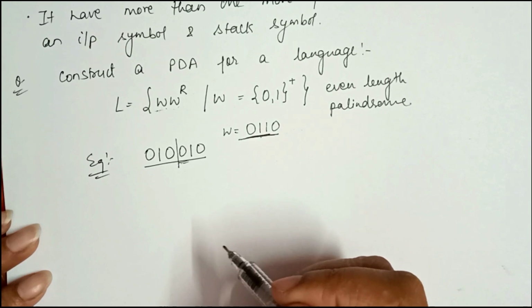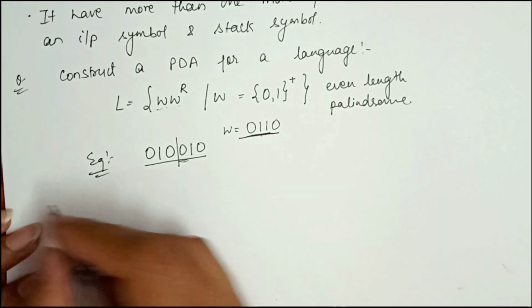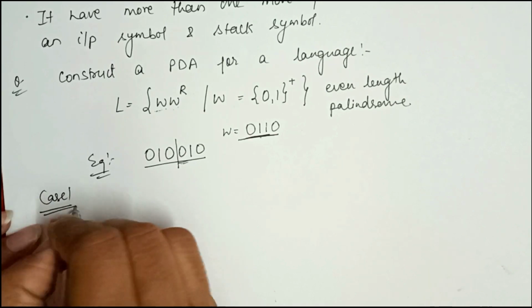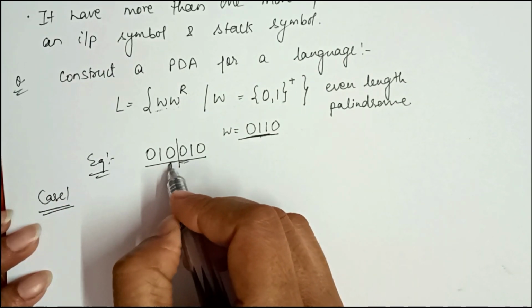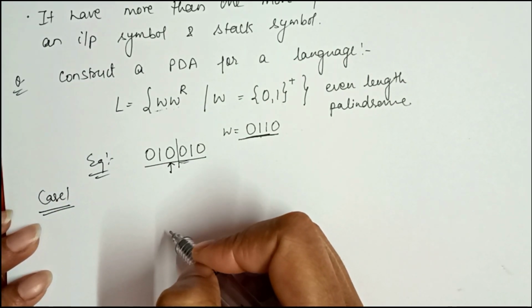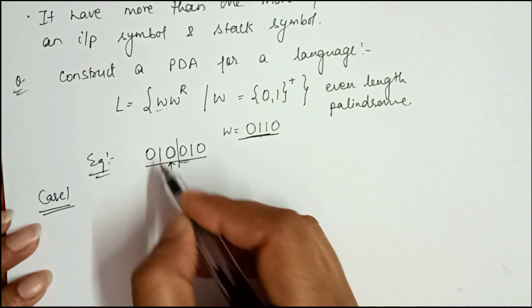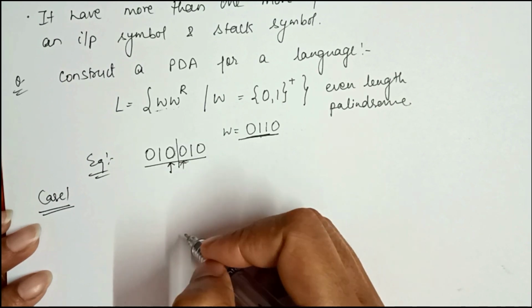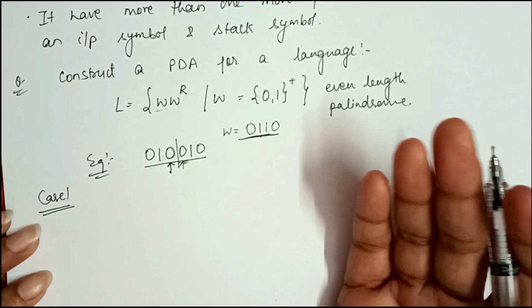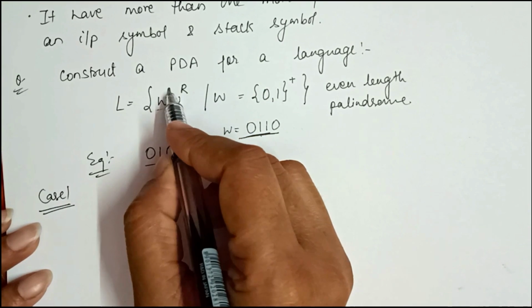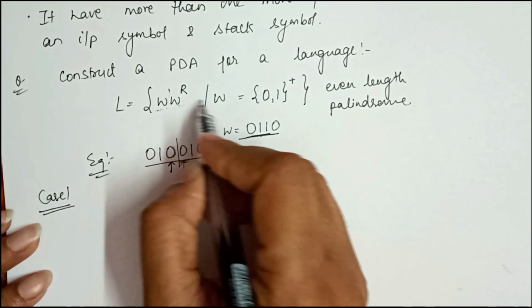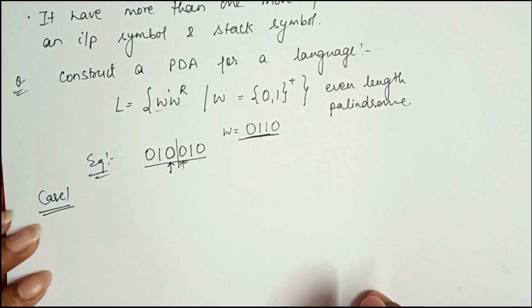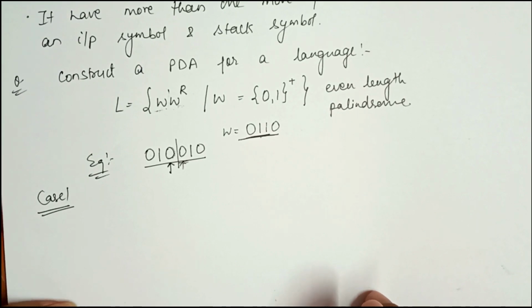There can be two cases. In case 1, if the input symbol and the stack symbol are the same, then we may guess that we have found the middle part, the point from where the reverse of the string starts.